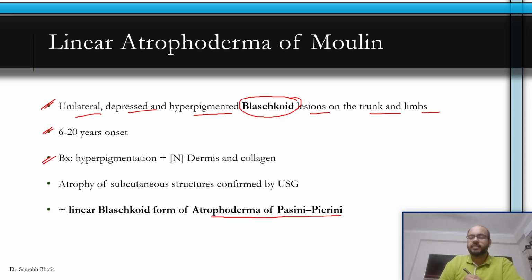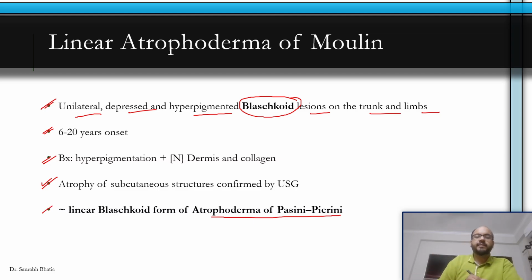Biopsy shows hyperpigmentation with normal dermis and collagen. So remember, atrophoderma of Pasini and Pierini was more of a superficial variant of plaque morphea, while linear atrophoderma of Moulin is a linear variant which looks like atrophoderma of Pasini and Pierini, but in a linear Blaschkoid distribution. There is significant atrophy of subcutaneous structures, which can be easily confirmed by a skin ultrasound.